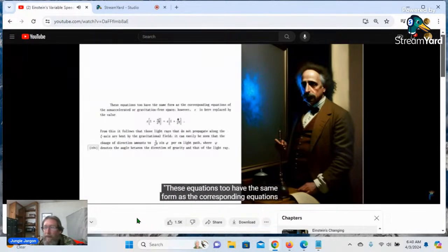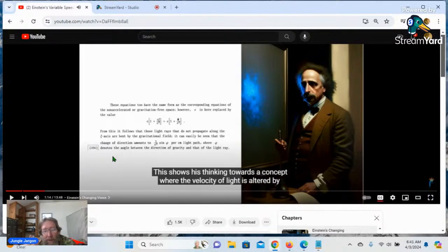These equations too have the same form as the corresponding equations of the non-accelerated or gravitation-free space. However, c is here replaced by the value c(1 + γξ/c²) = c(1 + Φ/c²). From this, it follows that those light rays that do not propagate along the ξ-axis are bent by the gravitational field.